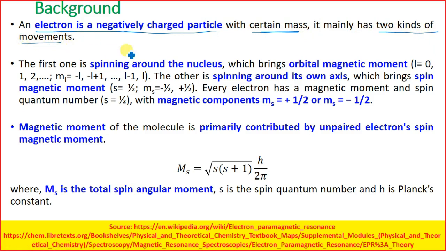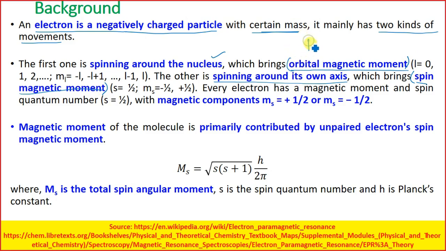One is spinning around the nucleus, which brings orbital magnetic moment, and the other is spinning around its own axis, which brings spin magnetic moment. So the electron generates the orbital magnetic moment and spin magnetic moment because of the two types of movement.